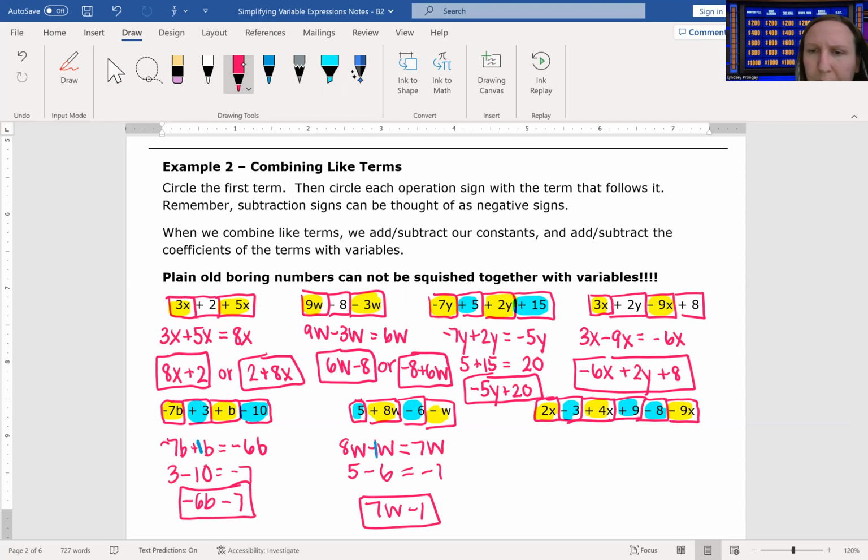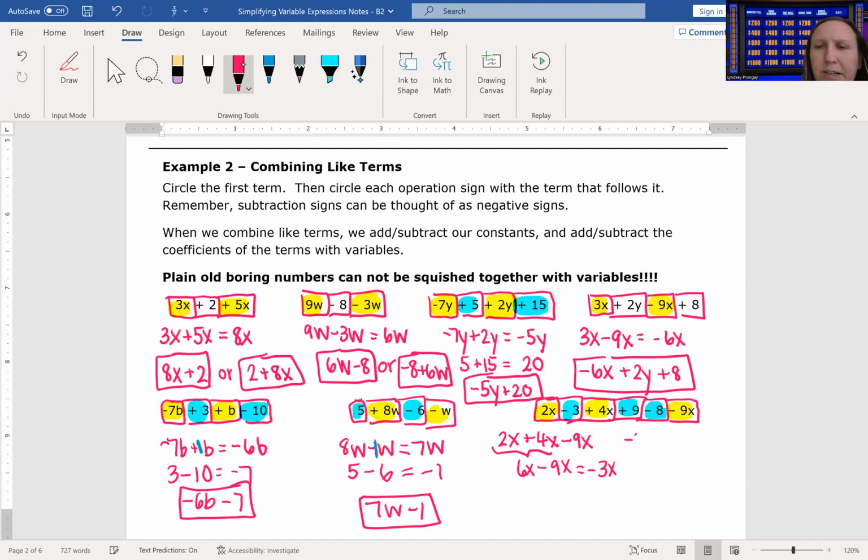So for my variables, we got 2x plus 4x and minus 9x. Now obviously we have more here than we had before, but just do it in pieces. So 2x plus 4x is 6x. And then 6x's minus 9x's would be negative 3x.